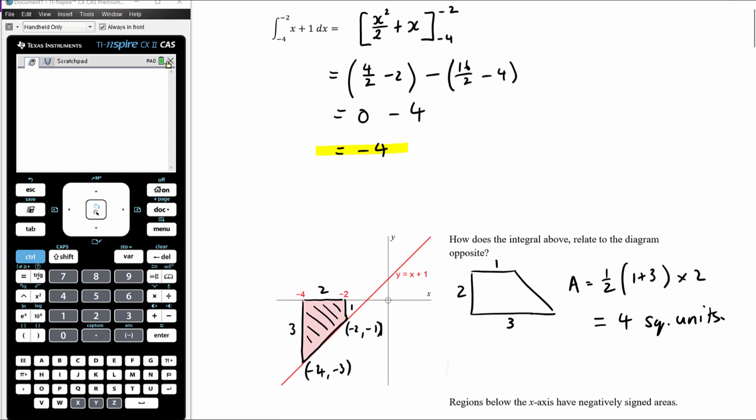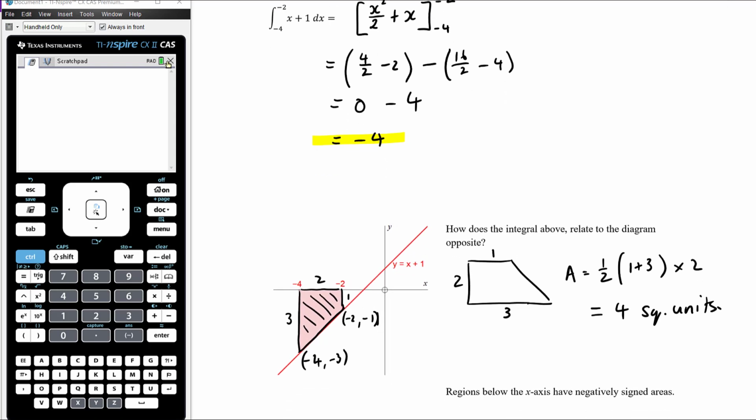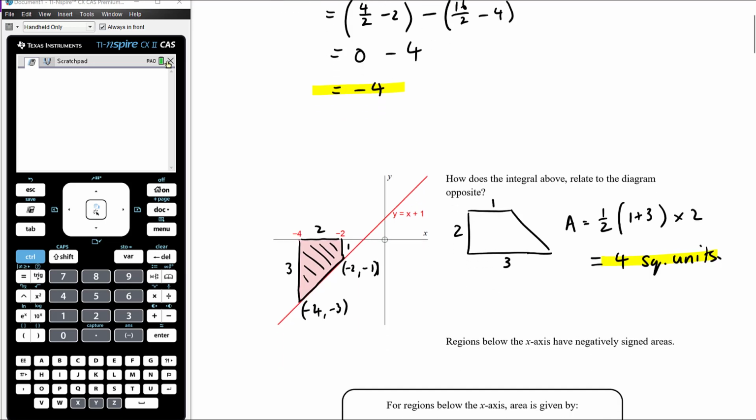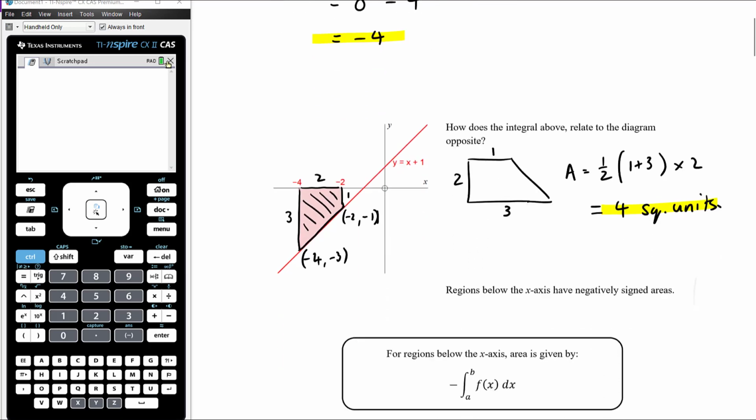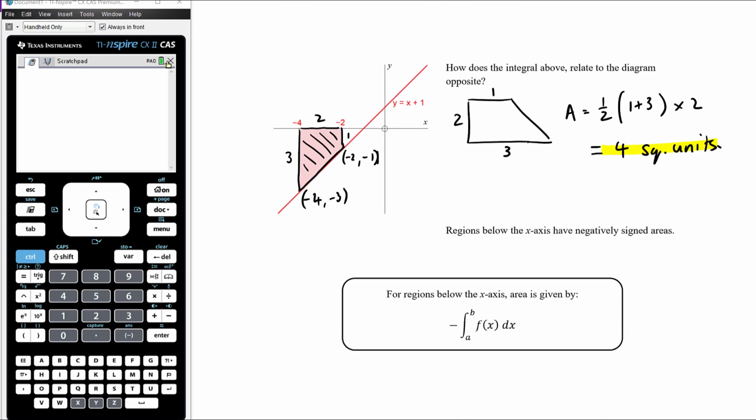So it's really important that we understand that if the region is underneath the x-axis, the integral will give us a negative value. For regions below the x-axis, they have negatively signed areas. And so if we have a region below the x-axis, then we need to calculate its area using the negative of the integral.